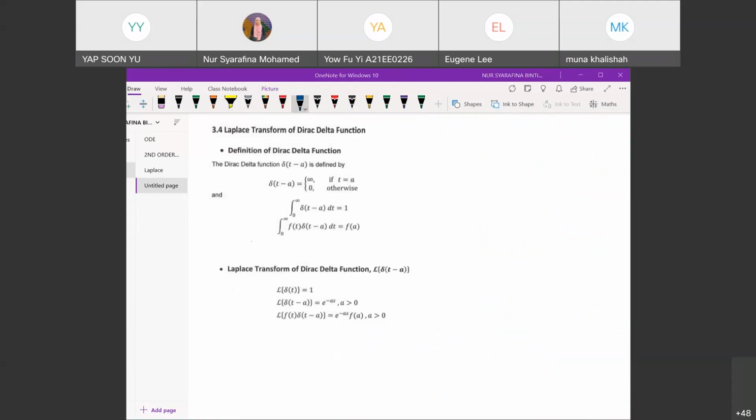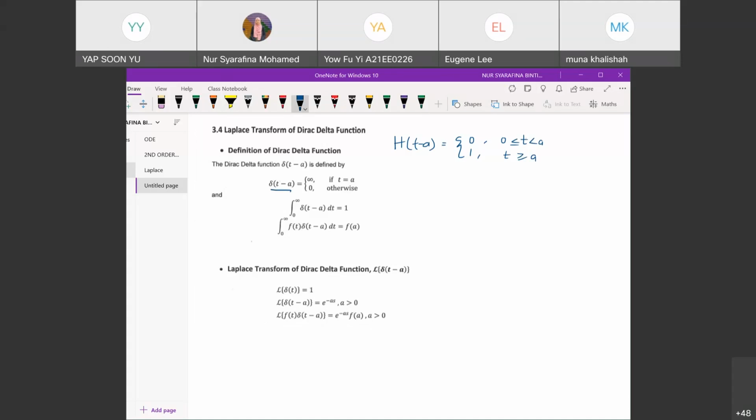So you need to understand the definition of the Dirac delta function first. In a unit step function, h(t minus a) equals 0 from 0 to a, right? And 1 from a to infinity. But for the Dirac delta function, delta(t minus a) equals infinity if t equals a, and otherwise it is 0.